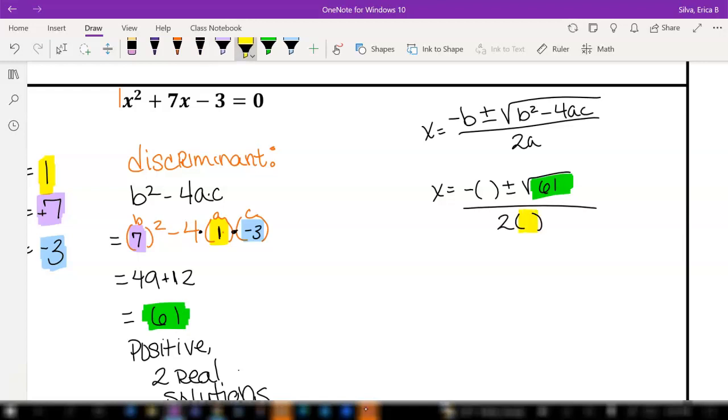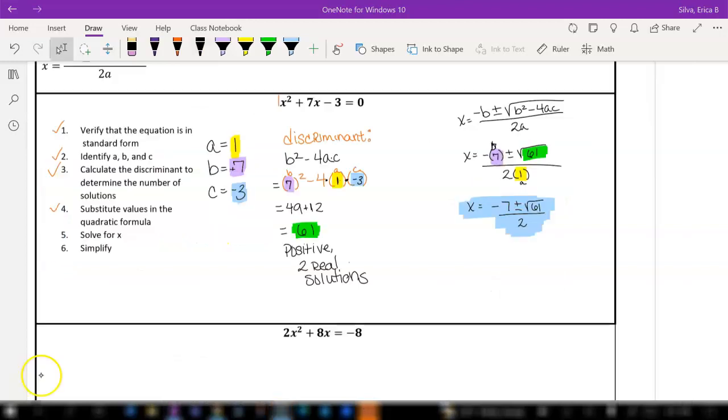Now my a is 1. And then my b was positive 7. So we've got negative 7 plus or minus square root of 61 divided by 2. Because 2 times 1 is 2. Okay. So this would be our solution. We want to double check that square root of 61 is simplified.